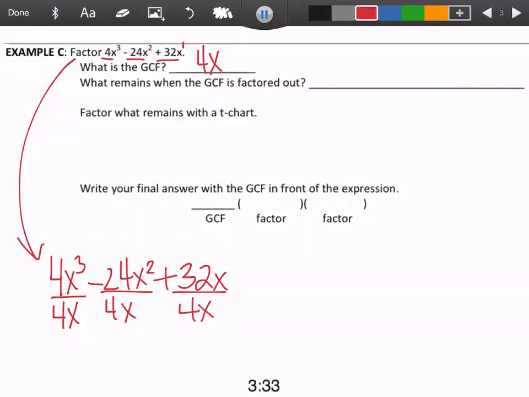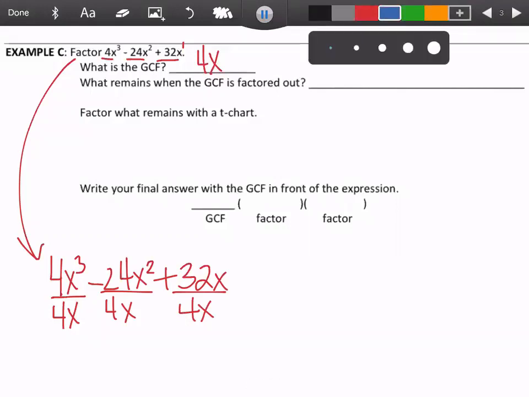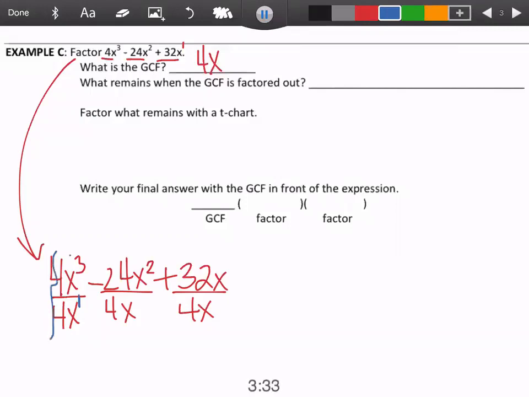What we have to remember here is our exponent properties, our exponent rules. When we are dividing, we subtract the exponents. The 4's cancel out.